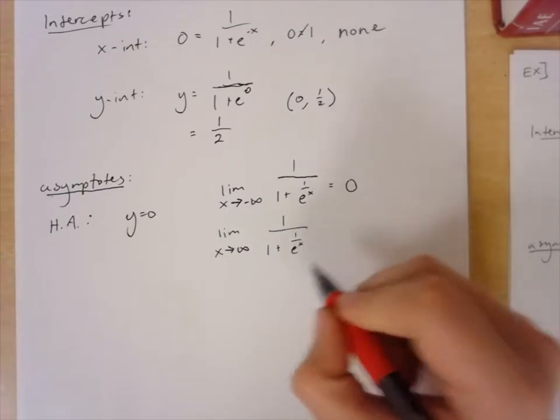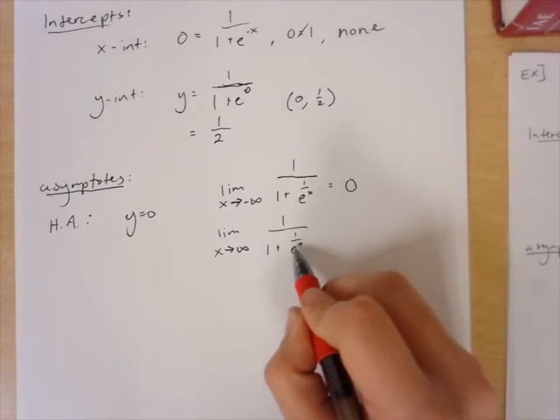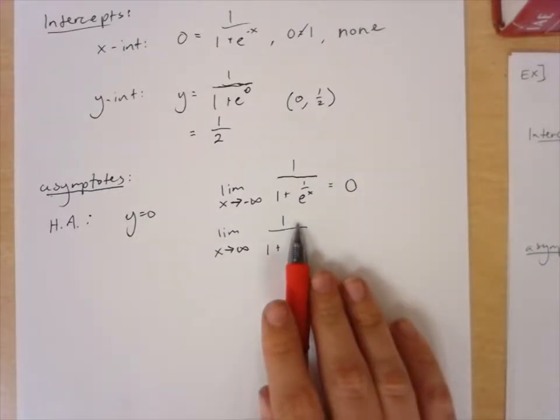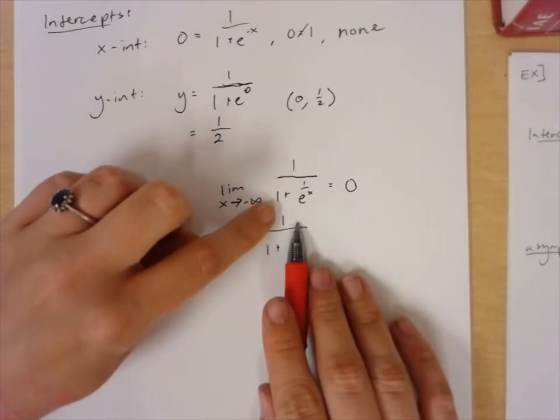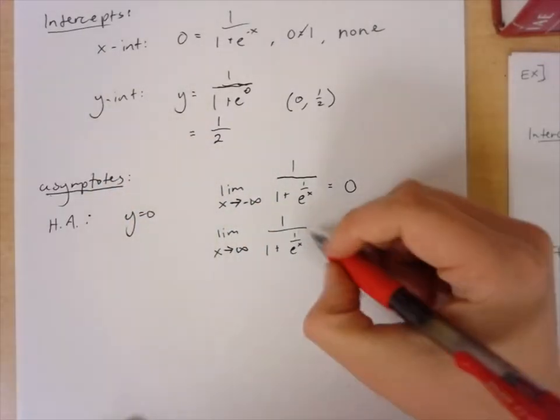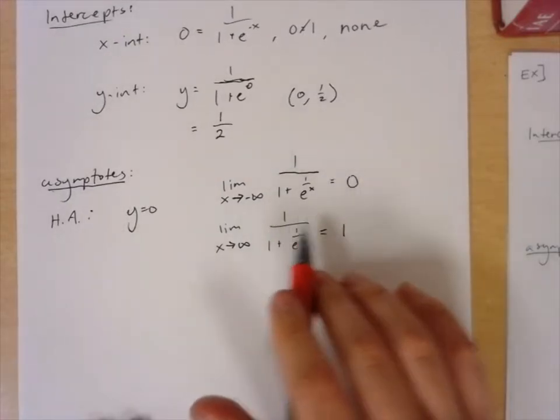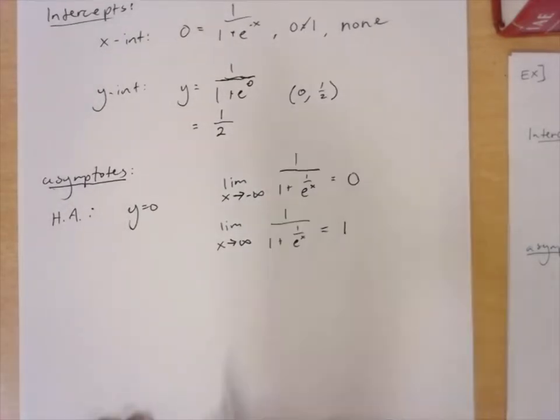I'm going to have 1 over an increasingly larger number, which means this piece is going to get smaller and smaller and smaller until it kind of just goes away. And then what I'm left with is a 1 over 1. And I know that that will get me the number 1 eventually. That's what I'm going to approach as I throw in bigger and bigger numbers for x. So those are where my two horizontal asymptotes are happening.